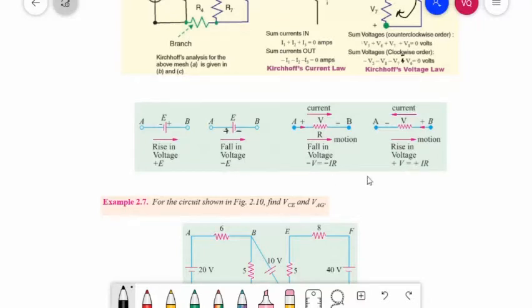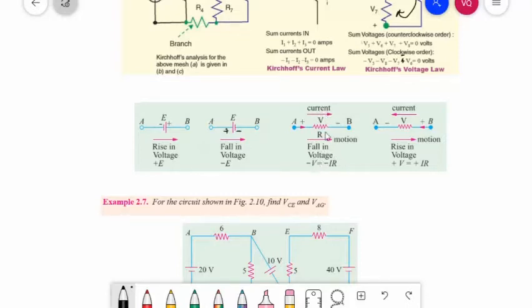This will be the reference in considering the direction or the sign of a voltage drop in any resistor. If our motion is in the same direction as the current, you will have a fall in voltage.